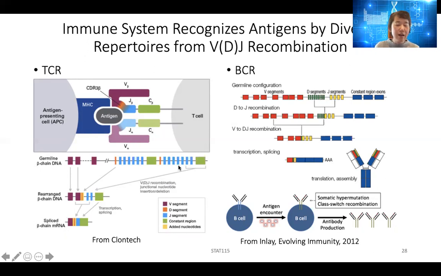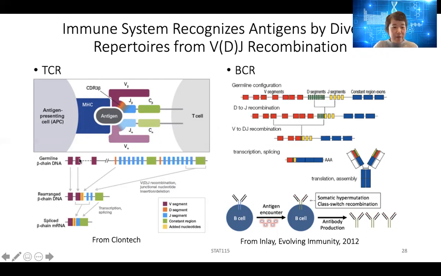And so in the VDJ recombination process, there are DNA cuts in the genome, and things in the middle get deleted, and then things are stitched together. It always happens that one V, one D, and one J will be combined together, and the closest VDJ is able to make a T cell receptor.